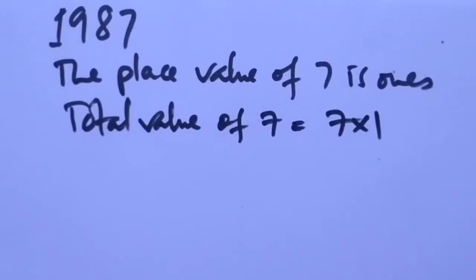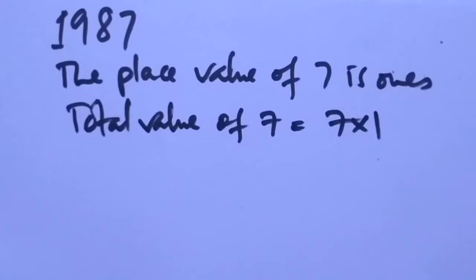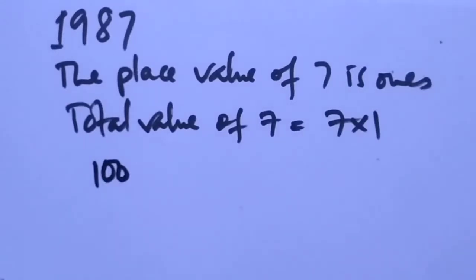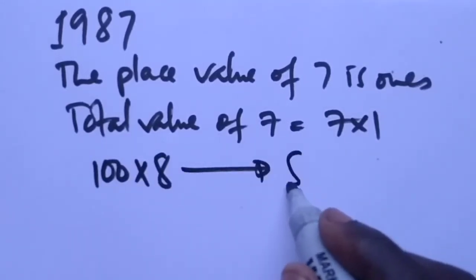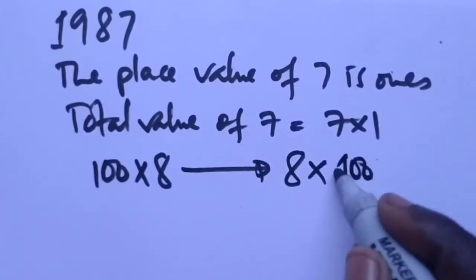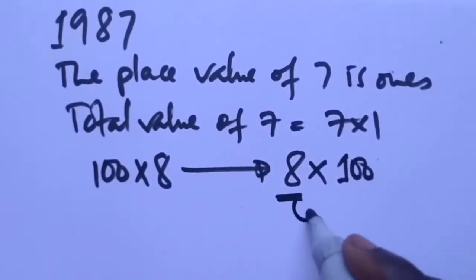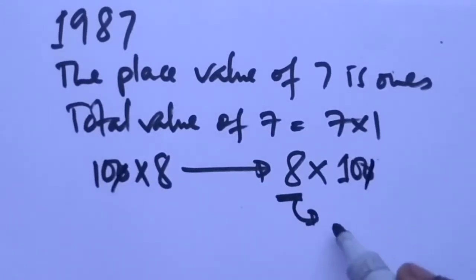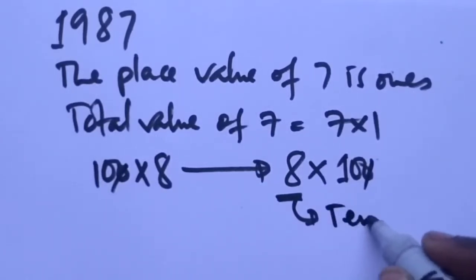Kwa hiyo manake ni kwamba kwenye mamoja tunazo 7. Lakini kwenye mamia ziko 8. Unaona, that is the same as to say 8 times 100. So the place value of 8, it is tens.